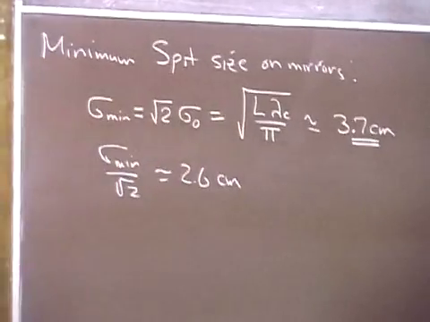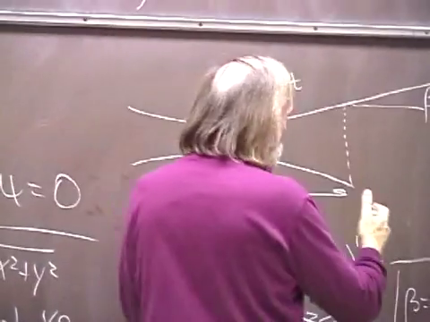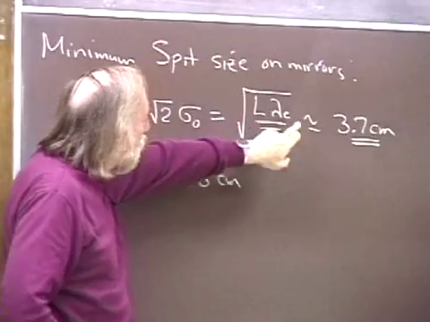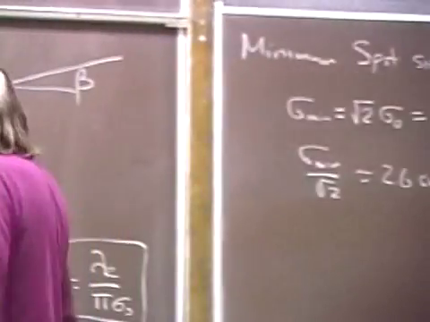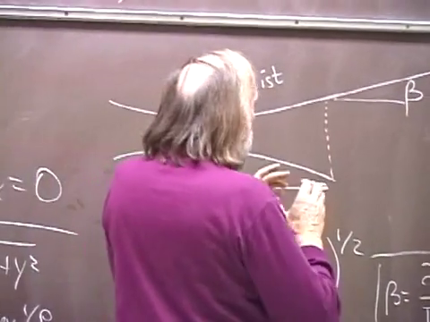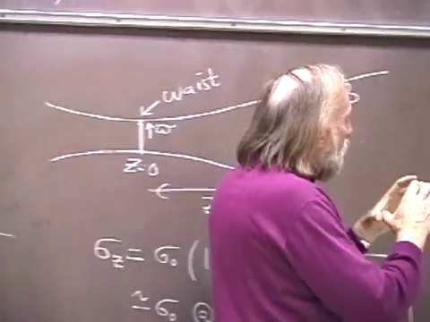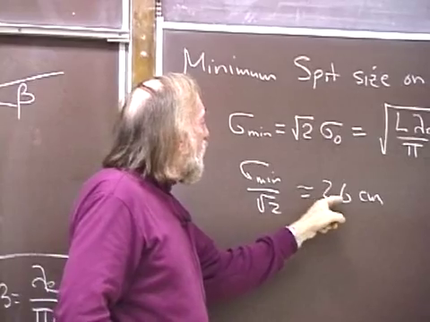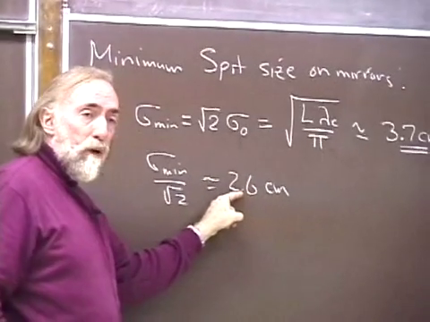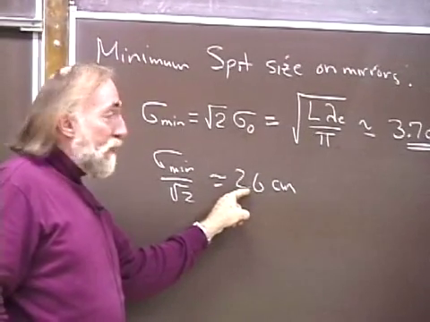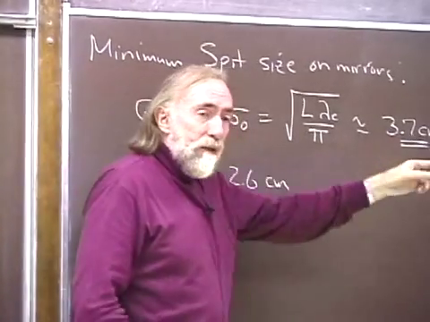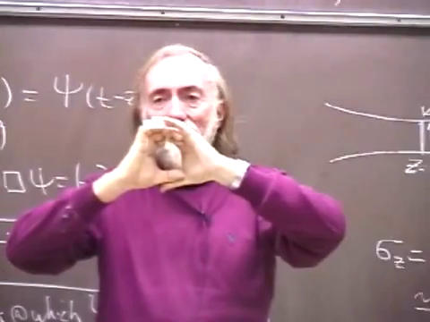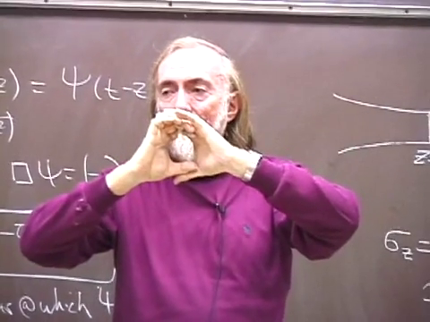And so because of diffraction effects and our choice of a 4 kilometer arm length and a wavelength for light of 1 micron, we wind up with spot sizes on the end mirrors such that the 1 over e point in power has to be at least 2.6 centimeters, or in amplitude 3.7 centimeters. So the beam spot sizes are sort of like that on the end mirrors because of diffraction effects.